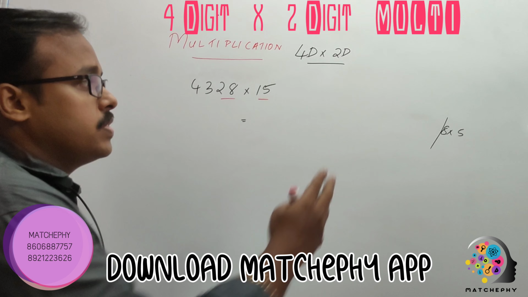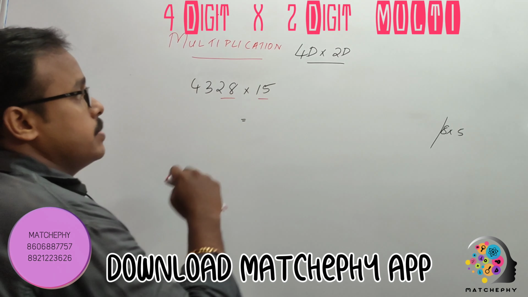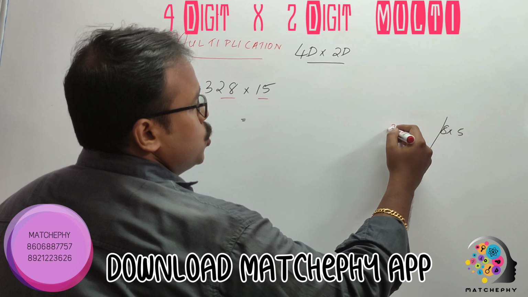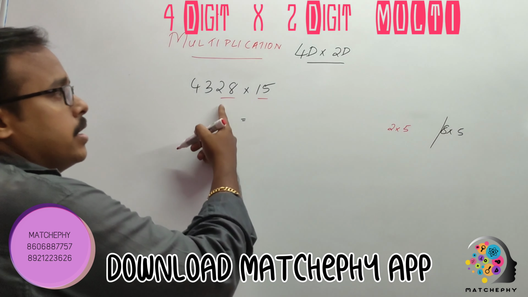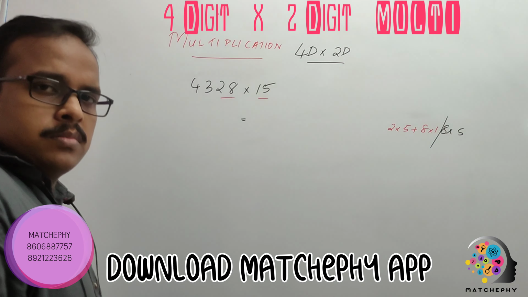So first we will go for the first pair, 28 into 15. The normal thing we used in 3 by 2 multiplication, right? Product of extremes plus product of means, that is 2 into 5 plus 8 into 1. You got that?